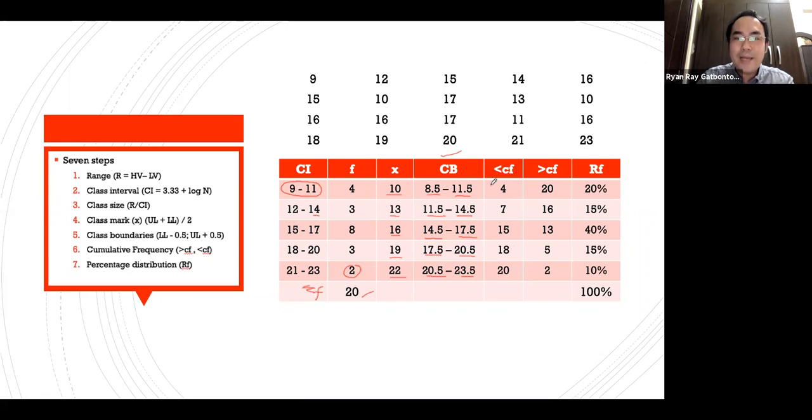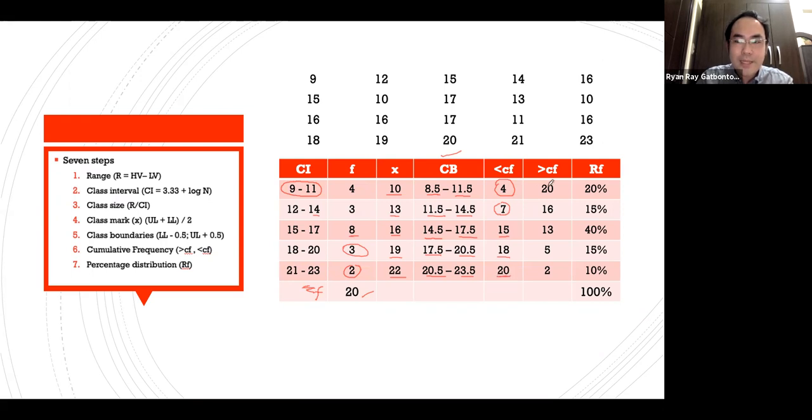So you determine it by, first you get the 4 here, and then add this frequency to the frequency of the second class interval, and then you will get 7. Now from this you add it here, so that you'll get 15. For the next part, you'll add 15 with the 3, and then you get 18. And you add 18 to 2 to get your 20.